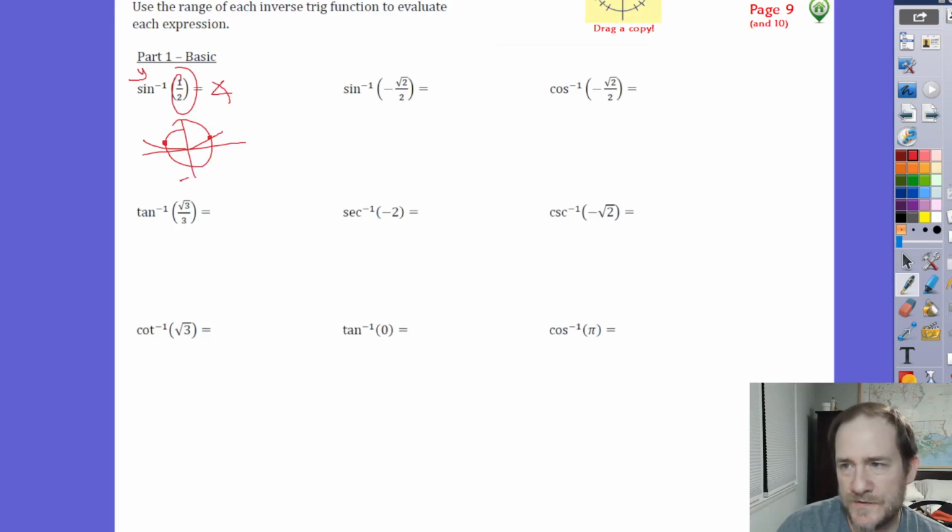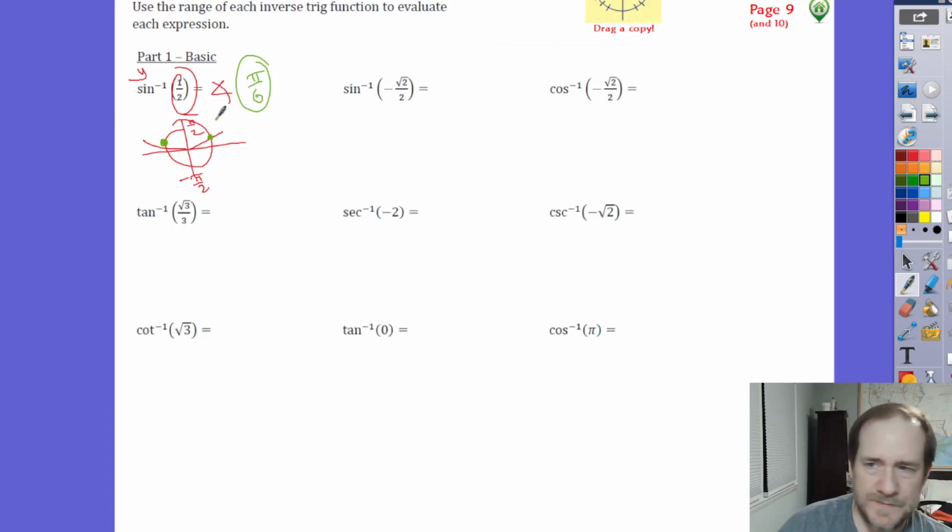It's only those values from negative pi over 2 to pi over 2. So you can't expect the inverse sine function to spit out this angle. That angle does not lie in the right range. The correct angle is only this one here, the one that is called pi over 6. And that's the main thing behind this: find the possible points on the unit circle, and then pick the best one based on the restricted domain of the original function.